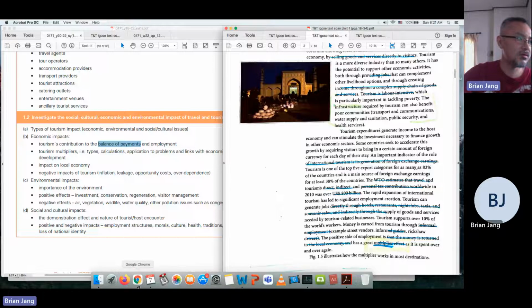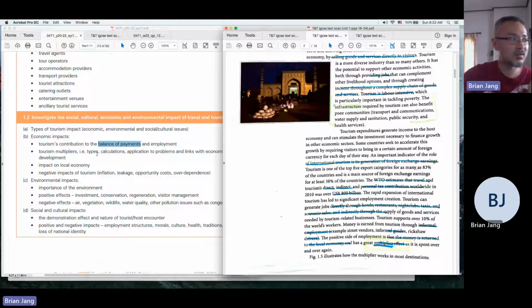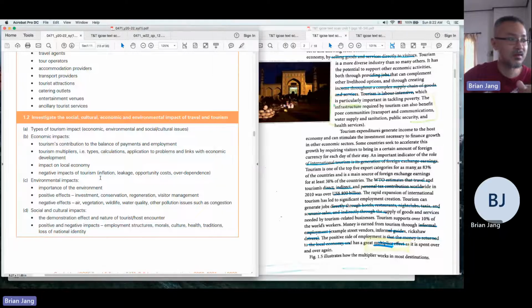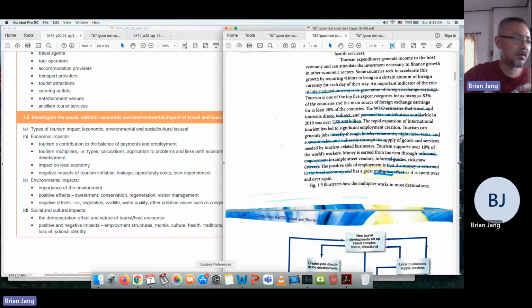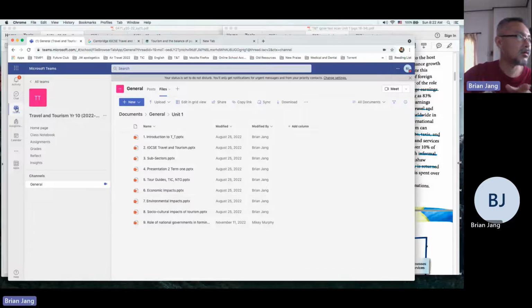And how would you know further about certain things like balance of payments or anything else that you see in the syllabus, but you don't actually see in the book that clearly? In the previous video, I had mentioned a link. If I hadn't, then I'm going to show you right now where I had posted that.